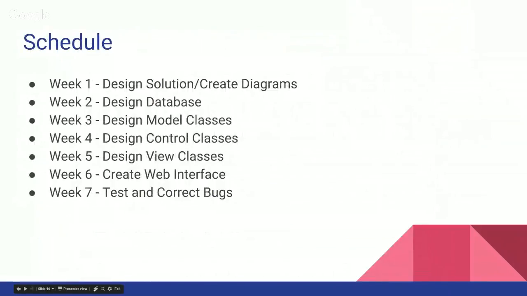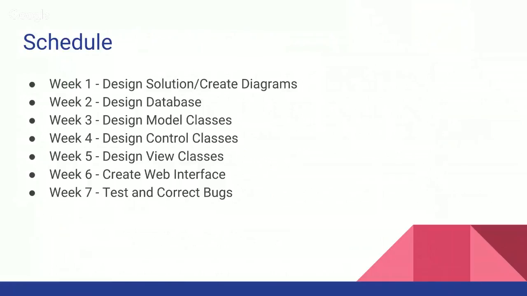So the basic schedule that we have for this project is working first off to design the actual solution, the classes, the interfaces, the way they should look, and any diagrams that are associated with them. After we've developed that understanding of how we need to move forward, which is basically our roadmap, we can then begin by designing our database and our model classes for weeks 2 and 3.